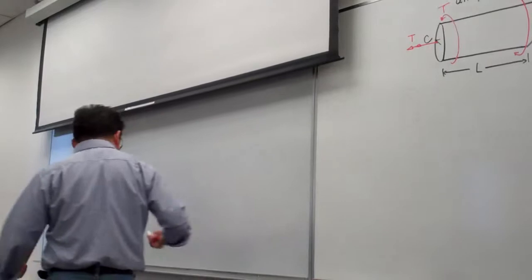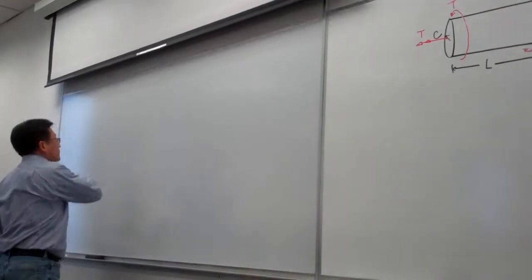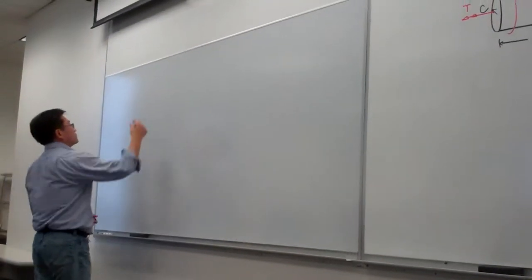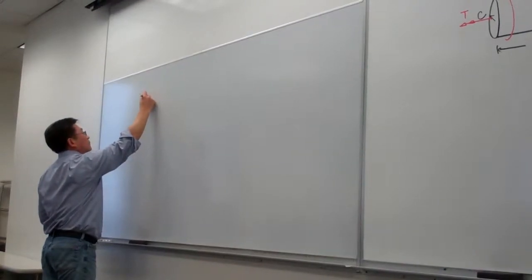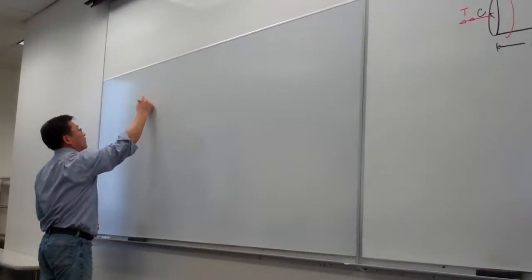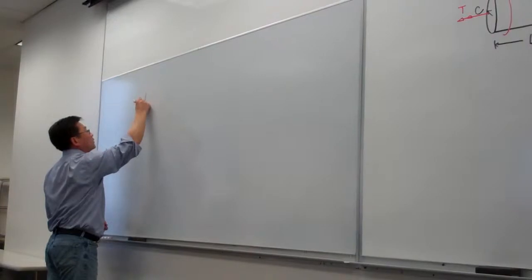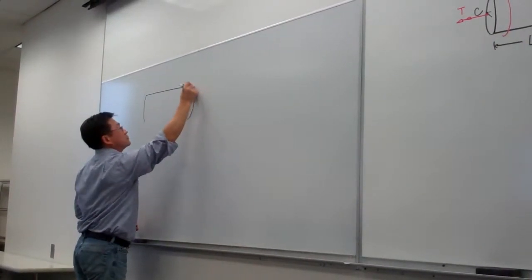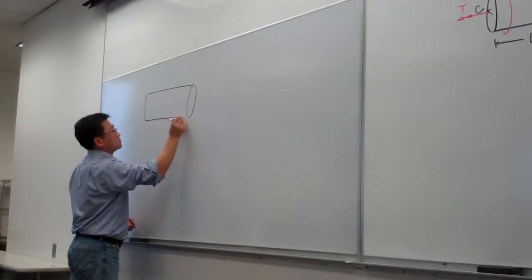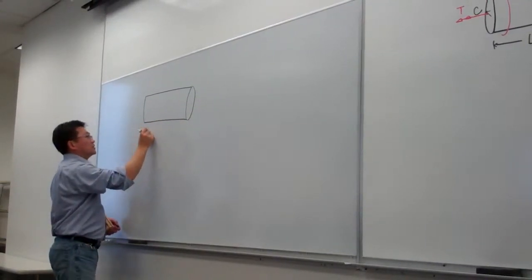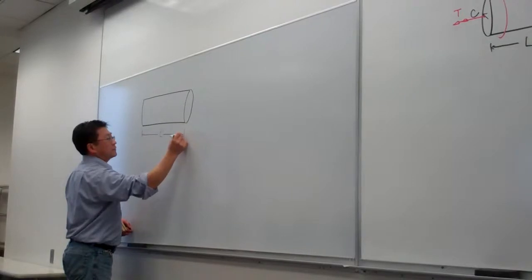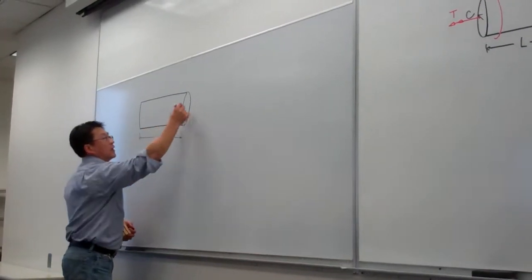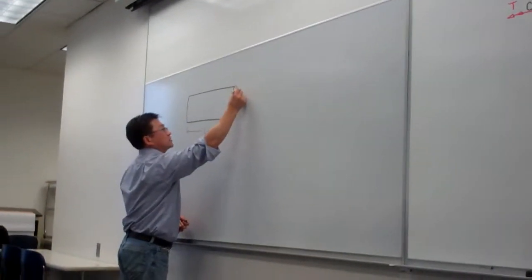Let me redraw the model here, in a different orientation. This is the length of the shaft, and the shaft has a constant radius c.